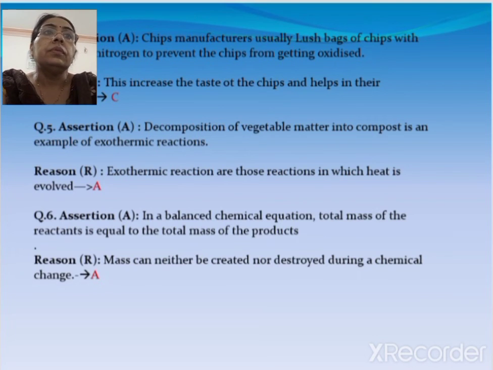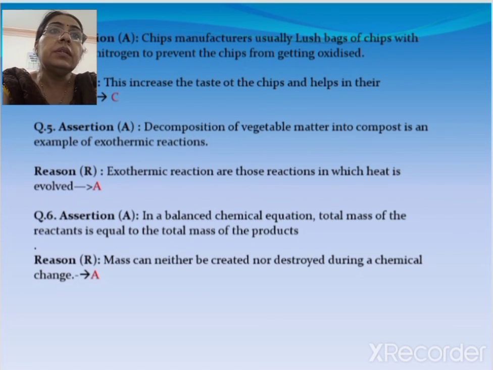As we know, when we balance the chemical equation, we balance the total mass of reactants with the total mass of products. Why do we do so? Because, as we know, mass cannot be created or destroyed during a chemical reaction. So the total mass of reactants and products will remain constant.